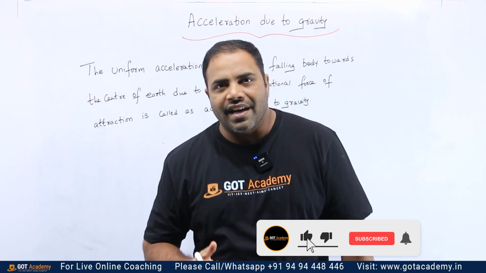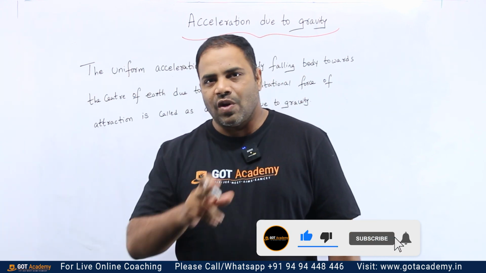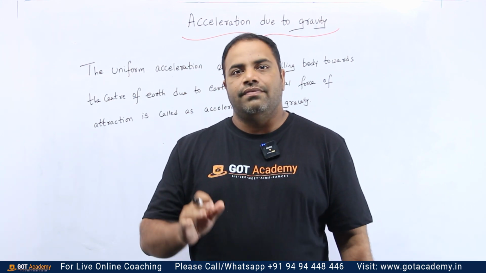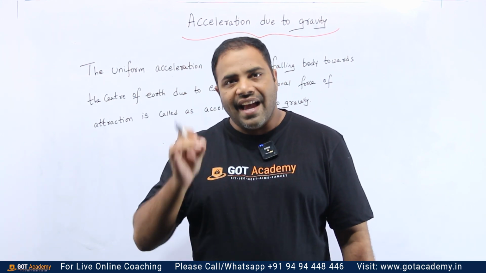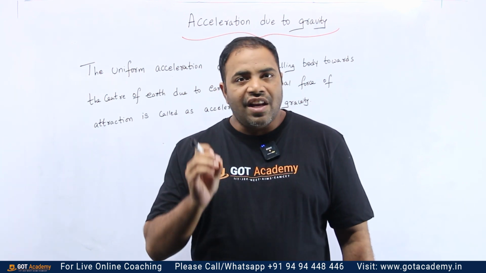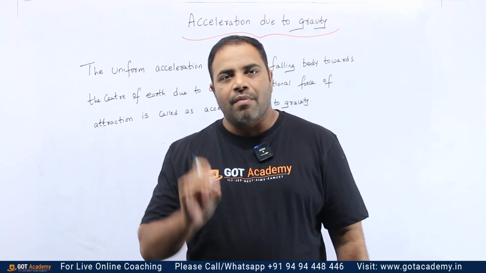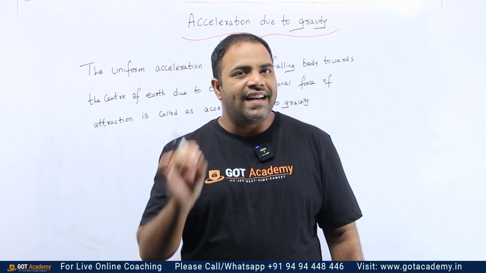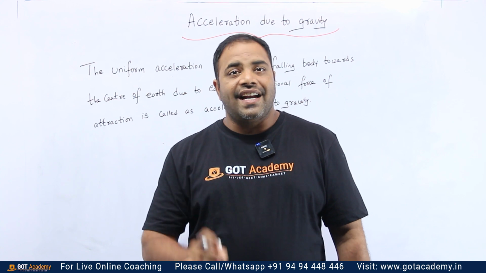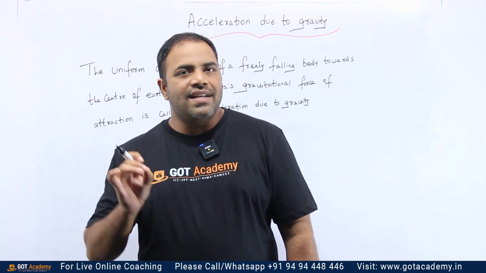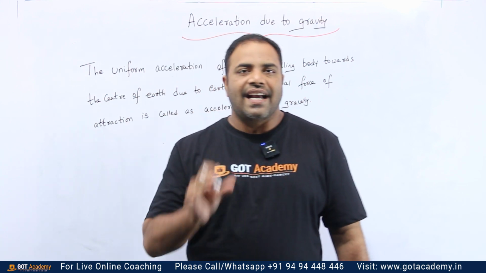So what does it mean? If the place changes, no doubt its value is changing. At the poles and at the equator of Earth, two cases are there. The value of g is maximum at the poles of Earth, which is equal to 9.83, whereas at the equator its value is minimum, which is equal to 9.78 meters per second square.